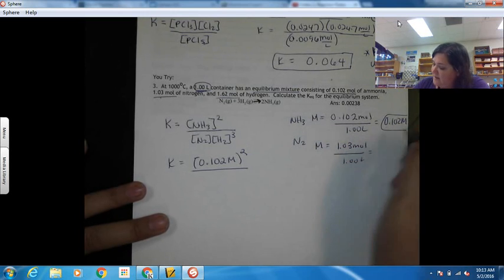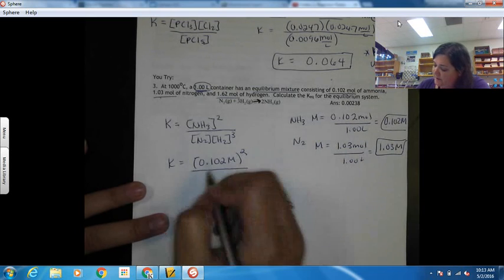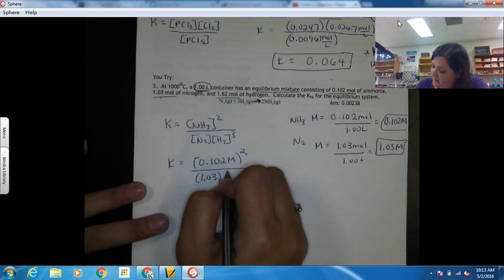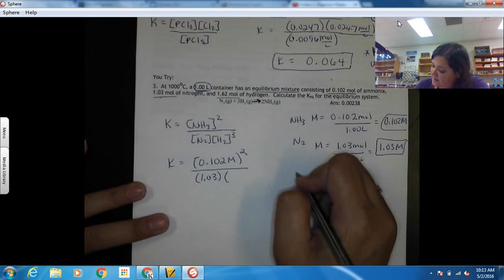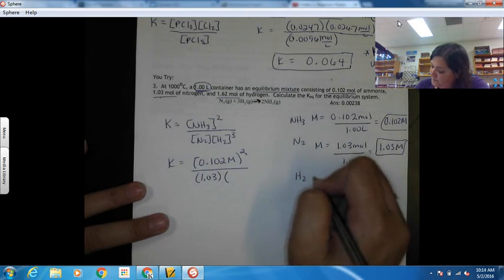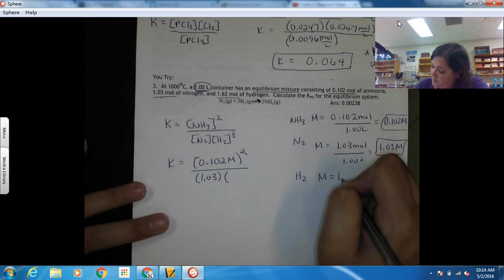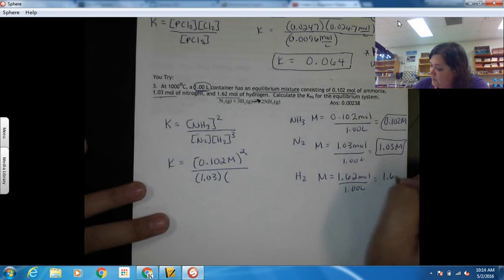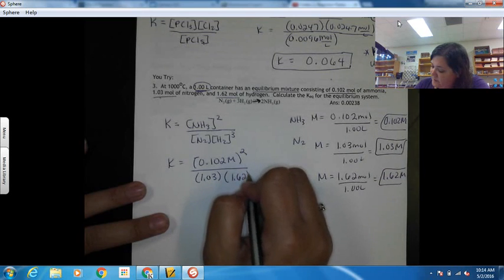And again, we get 1.03 moles per liter, molarity. So we plug that in, and that's to the first power. And then the same for our hydrogen. Its molarity would be its moles divided by 1 liter. And again, it would be 1.62 moles per liter. But this one's going to be raised to the third power.